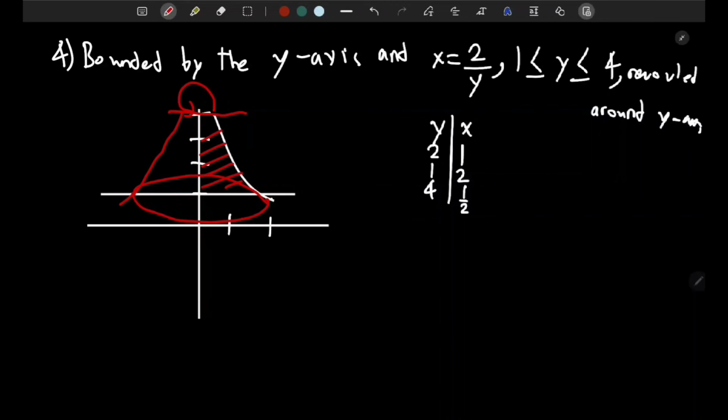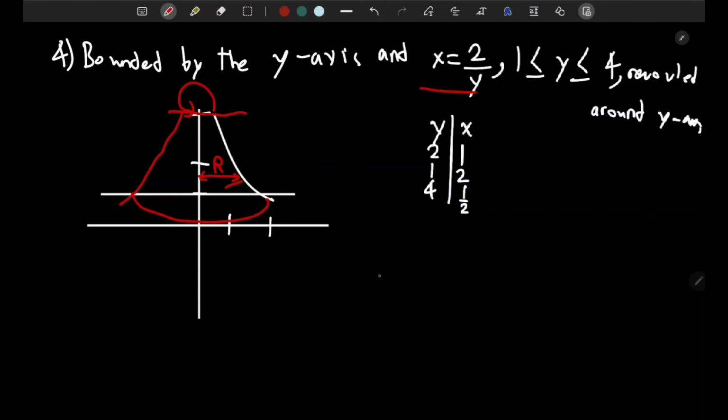So now let's start writing our integral, but first let's notice what is our radius over here. Our radius here will be the line from here to here, which is r. I'm going to replace it with r. And what is this equal to? This is equal to x equals 2 over y, right? Since this is the line that is representing that.